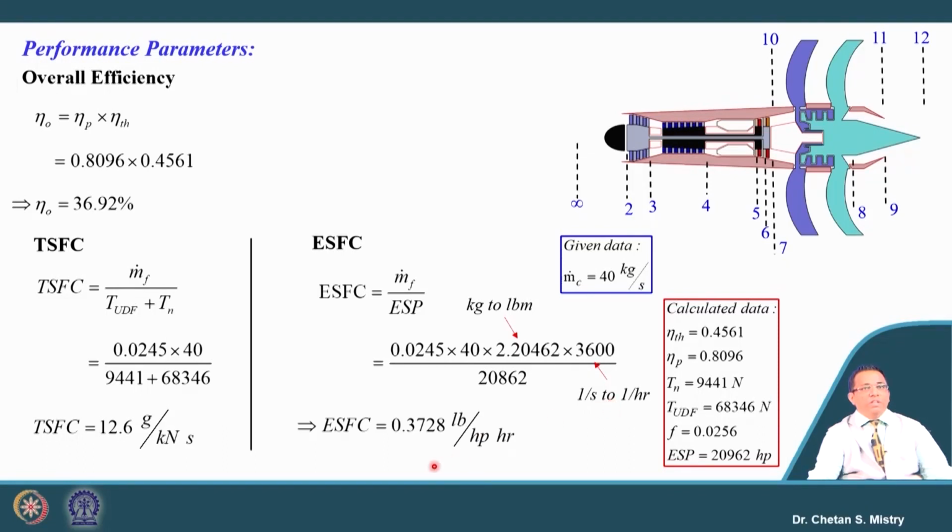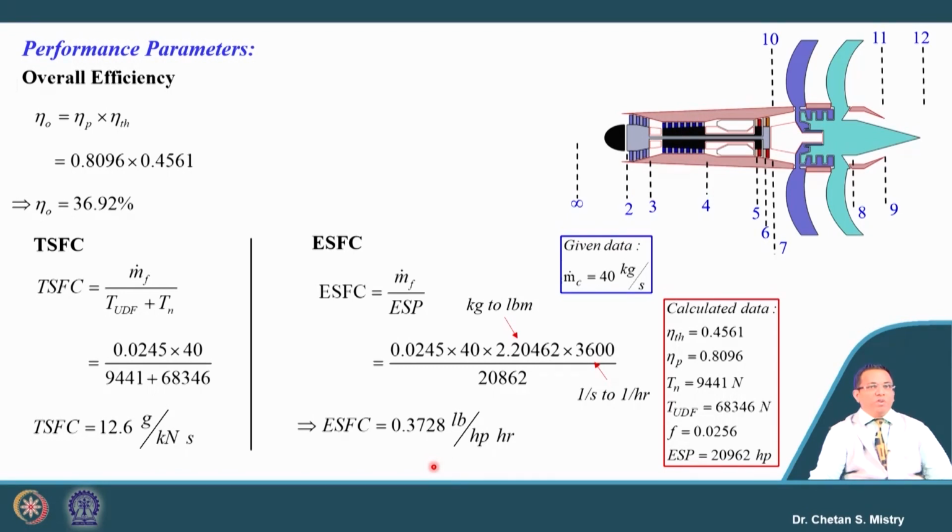So the equivalent specific fuel consumption comes to be 0.3728 pounds per HP hour. There are different units, SI unit, MKS unit, and based on those people analyze the engines. All those kinds of configurations we have.